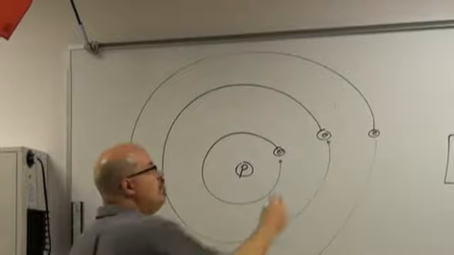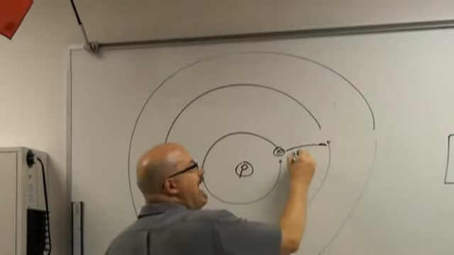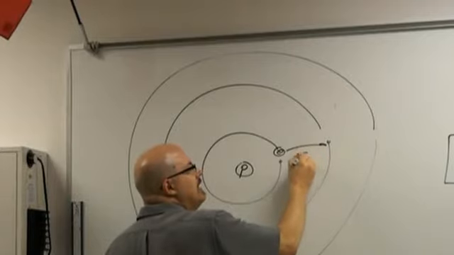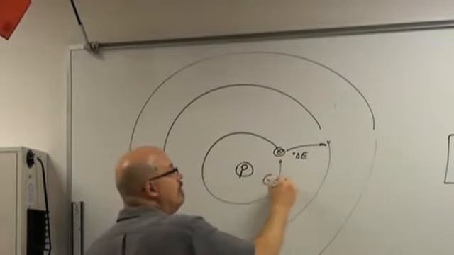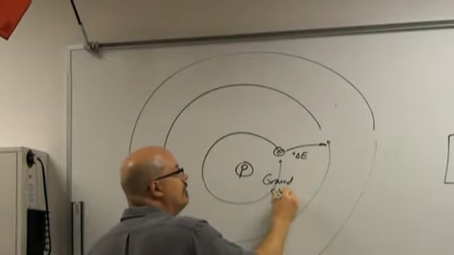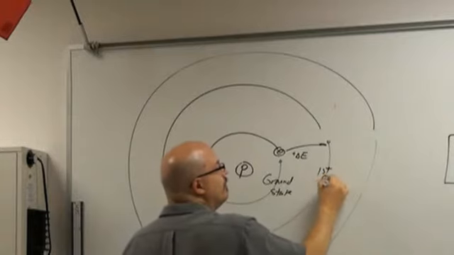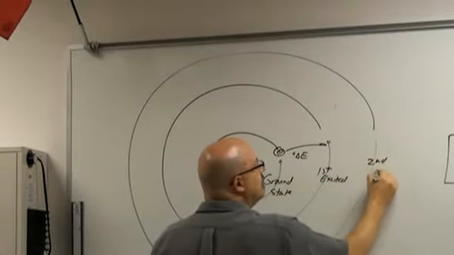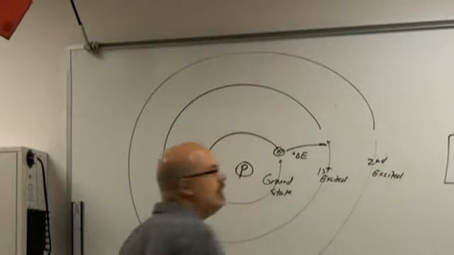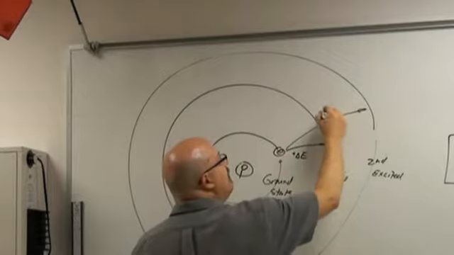If you want to move from here to here, you need to add energy. Energy in. So this is the ground state, from chemistry, right? This is the first excited state. This is the second excited state. And he says you've got to add energy to get up here.